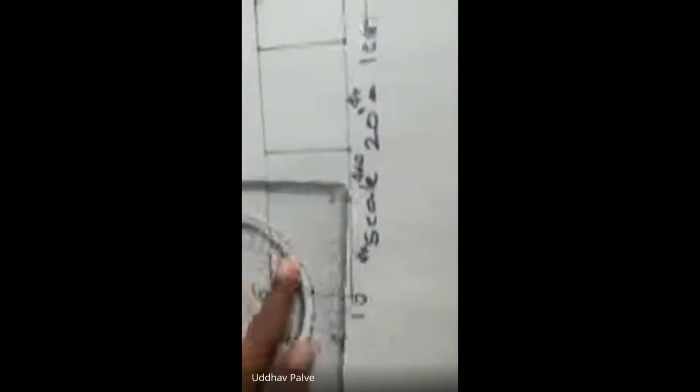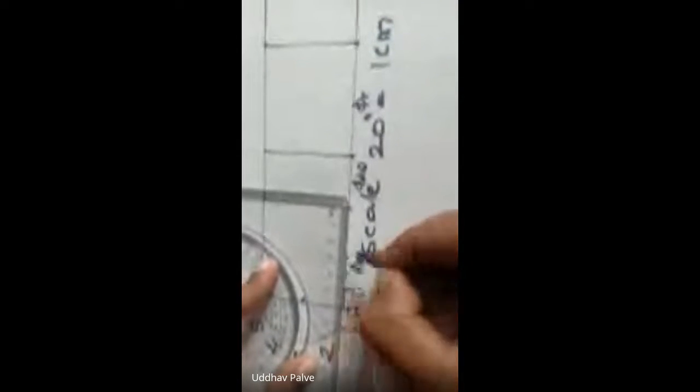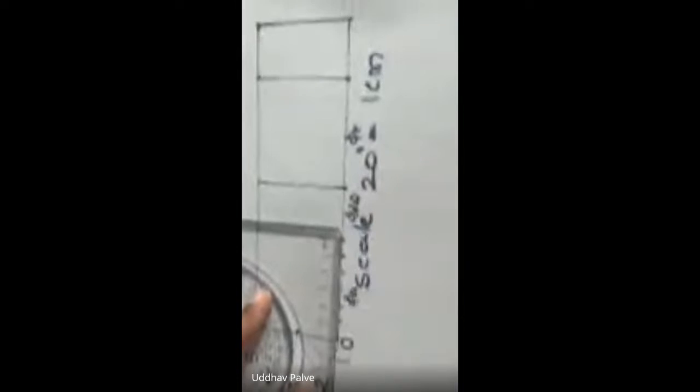Now I have to divide this 6 centimeters into 6 equal parts. Here the division is pretty simple. At 1 centimeter each, I'm going to take one division: 1, 2, 3, 4, 5, and 6.